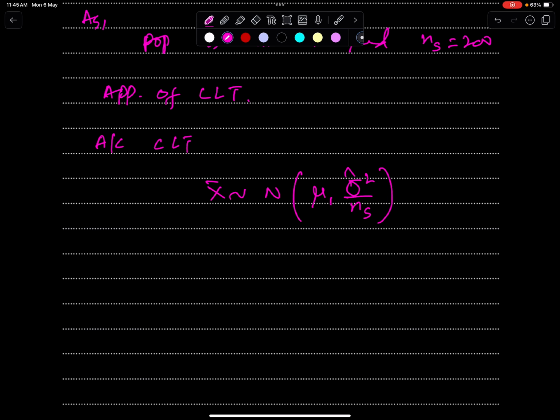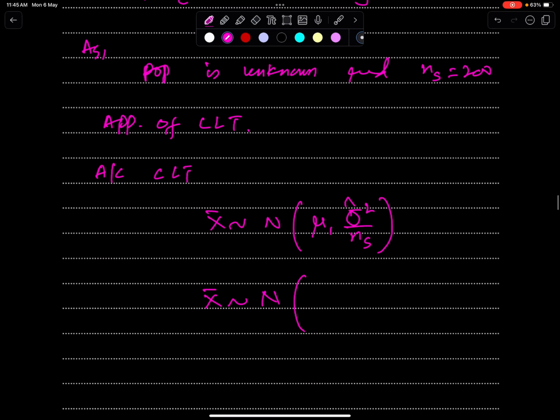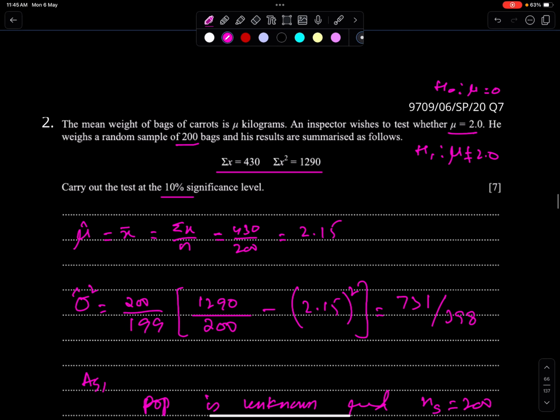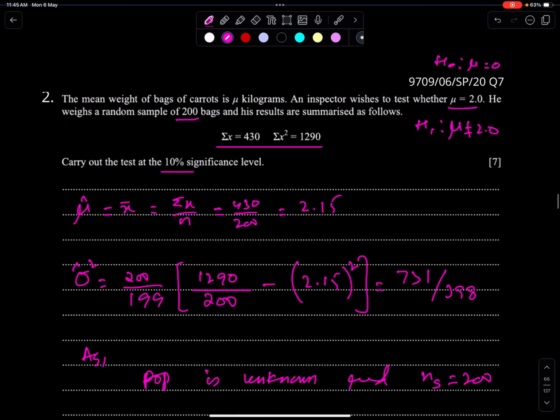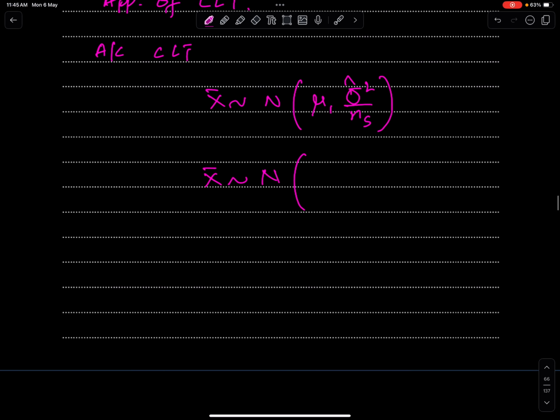So X bar is approximately normal with mean 2.0. This is the mean. First write H naught, which is mu equals 2.0, and we write this value here.